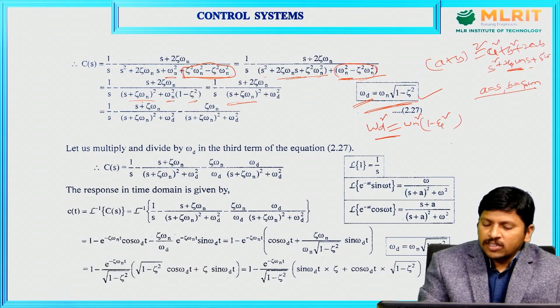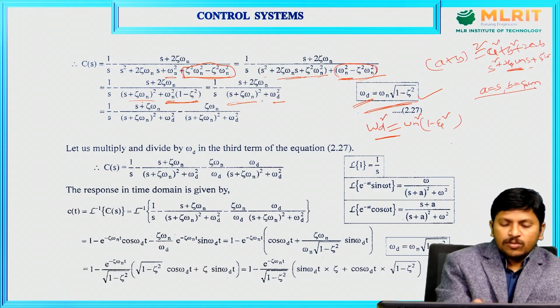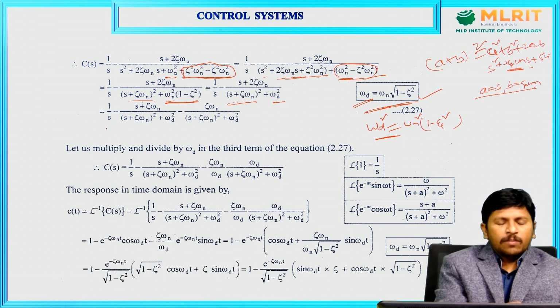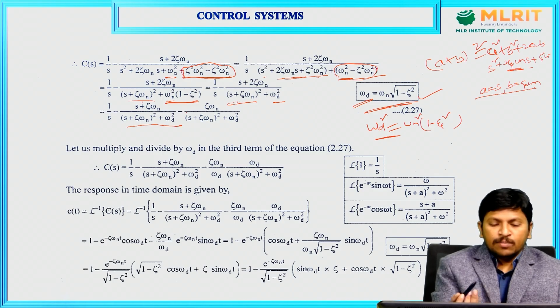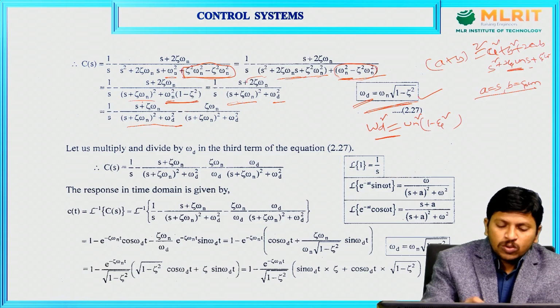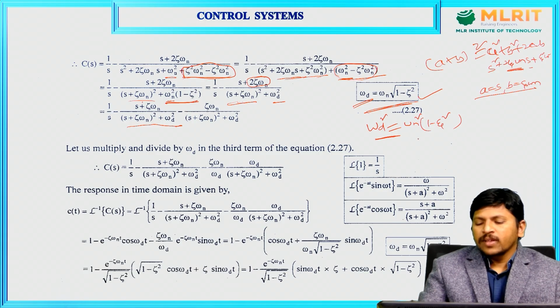Here omega d square, so substitute omega d square in place of this, right? 1 by s minus s plus zeta omega n divided by s plus zeta omega n whole square plus omega d square minus, just observe here, we have two zeta omega n terms.